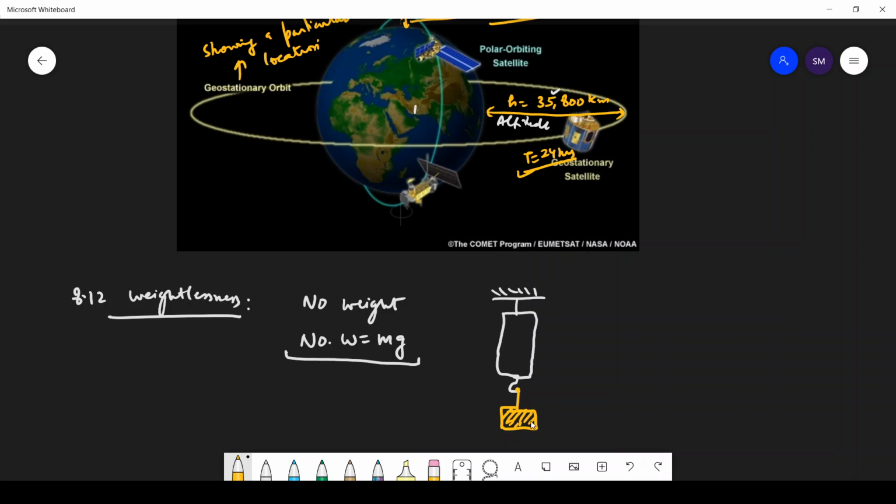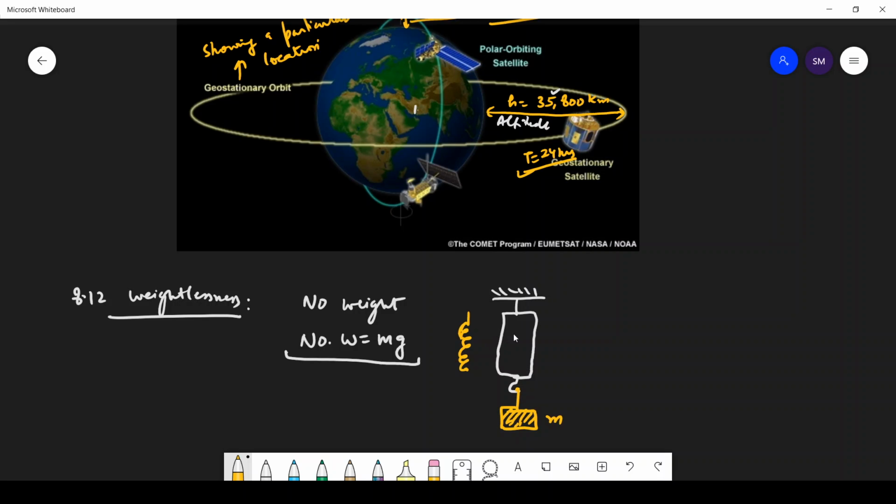So in this spring balance, we have a spring here which was in normal position, but as you tie this mass at the bottom, it will tell you the weight.